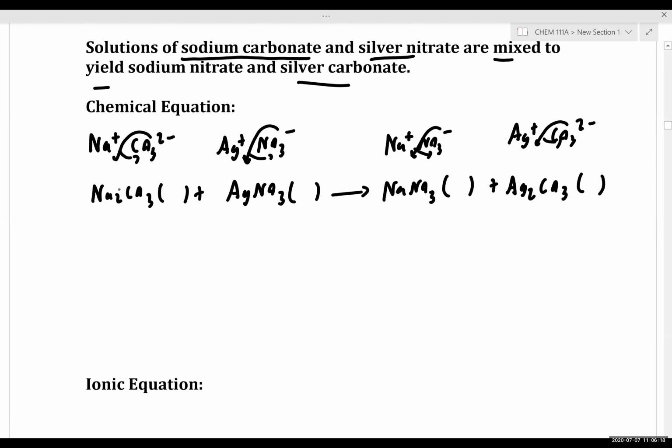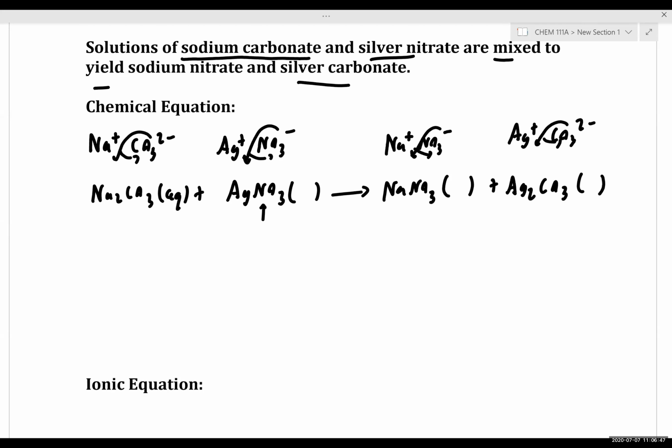Now let's assign some state symbols. Sodium carbonate, a sodium salt. Is that soluble or insoluble? Soluble, exactly right. Silver nitrate, which is a nitrate salt. Is that soluble or insoluble? Nitrate salts, are they soluble or insoluble?